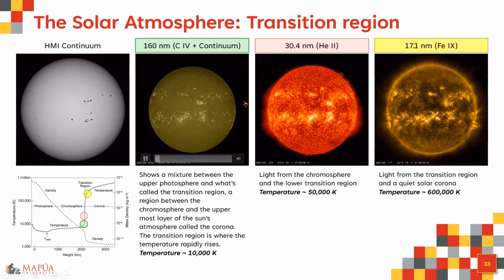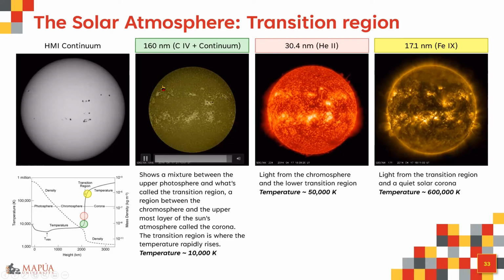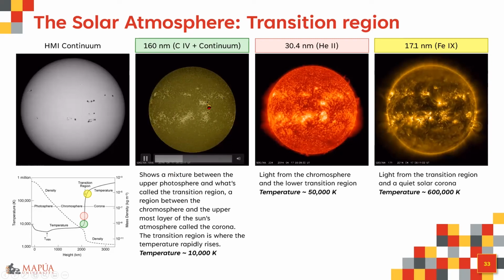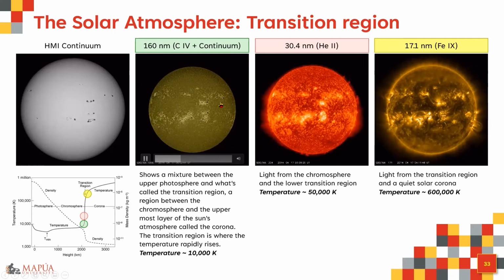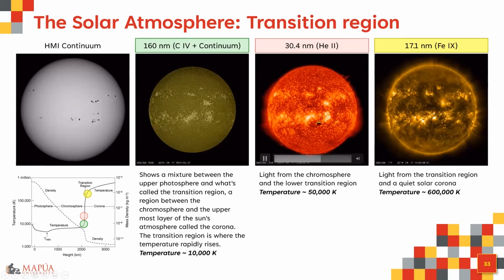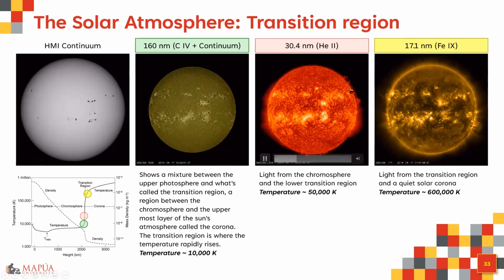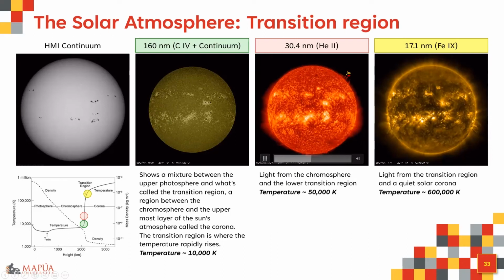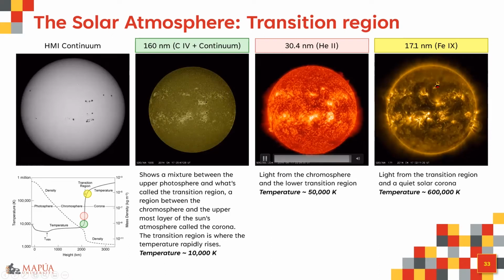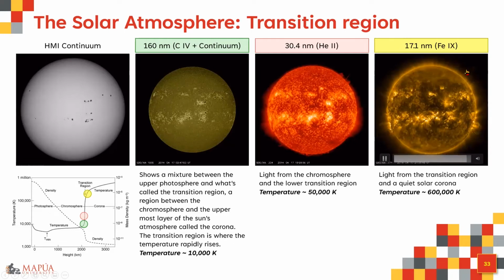So this is also considered an observation of the photosphere, and you can see the sunspots as dark spots. But at these active regions, they are actually bright in the extreme UV. You will notice also here that the prominences that can be observed at the 30.4 nanometer wavelength are not observable in the 17.1 nanometer.